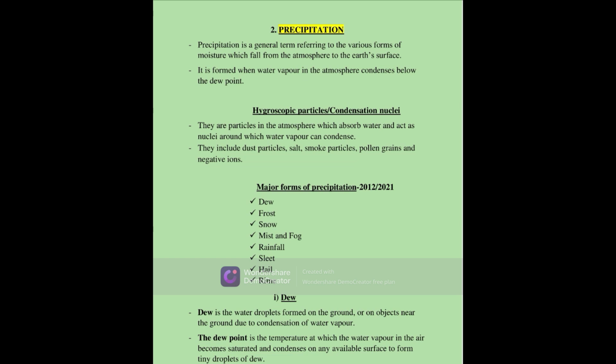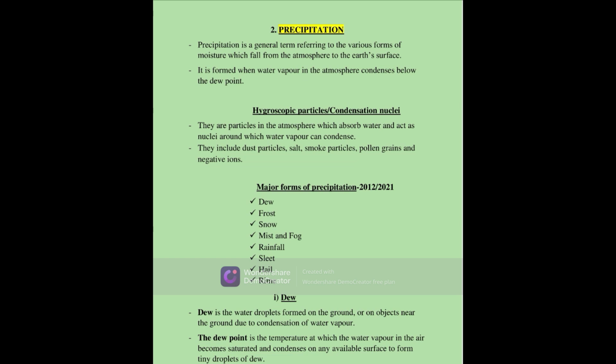We are going to cover the second part of elements of weather, that is precipitation. Remember yesterday we just introduced the topic and we did temperature as the first element of weather. So about definition, precipitation is a general term referring to the various forms of moisture which fall from the atmosphere to the earth's surface.